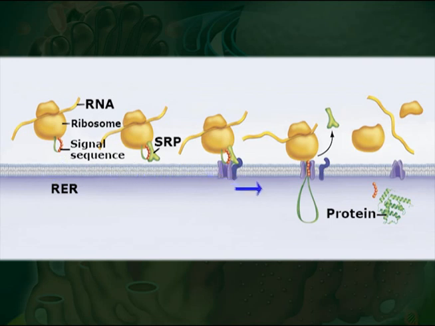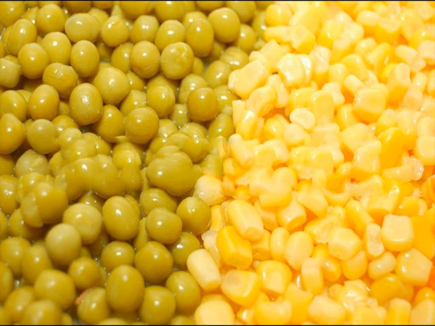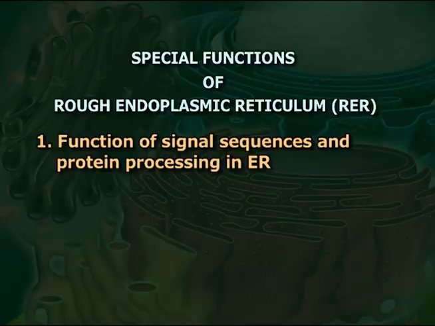It directs the protein synthesis. This is known as signal hypothesis. The actual mechanism of the signal sequences and protein processing in ER have been studied in case of seed storage proteins of maize and pea.